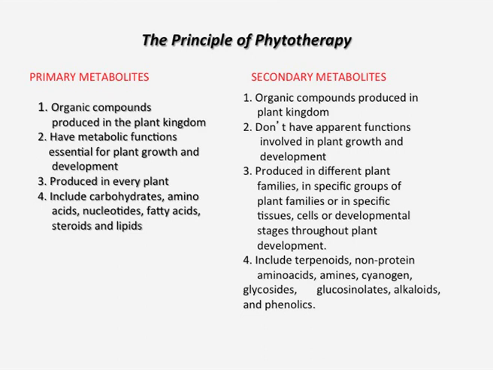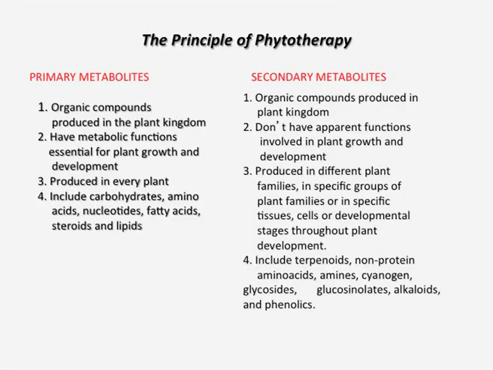They have metabolic functions essential for plant growth and development. They are produced in each and every plant. They include carbohydrates, amino acids, nucleotides, fatty acids, steroids and lipids. These are used in our normal diet.